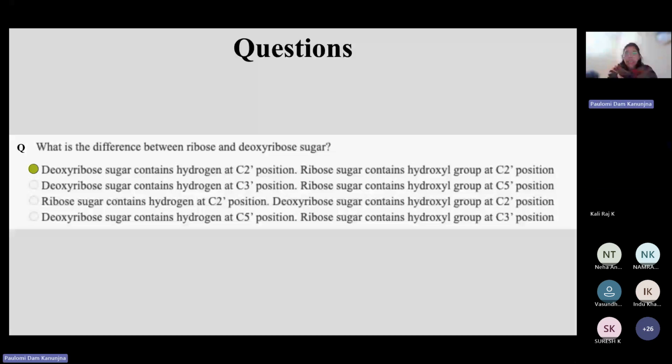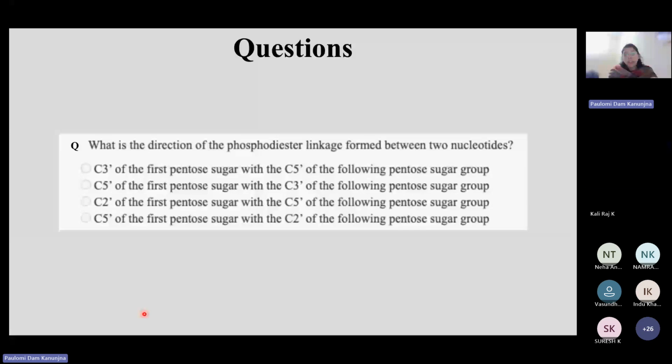Yes. So what is the direction of the phosphodiester bonds? Some people wrote phosphodiester bonds, right? So now that you know what a phosphodiester bond is, do you know the orientation of the phosphodiester bond between two nucleotides?